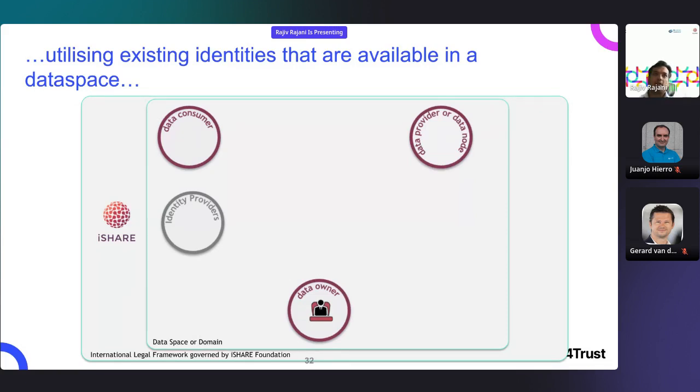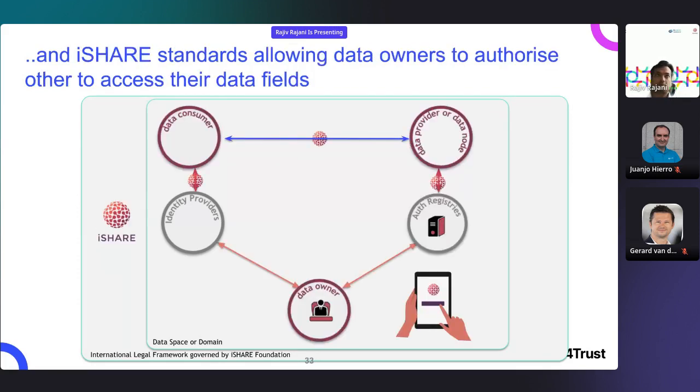And that means that data consumers or data owners can put their identities in any of the identity providers, and they can use the same identity provider to connect to all the other participants in the network.